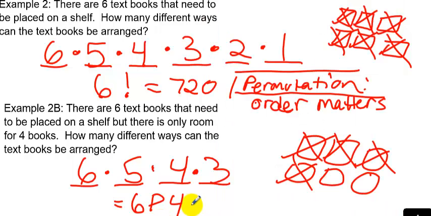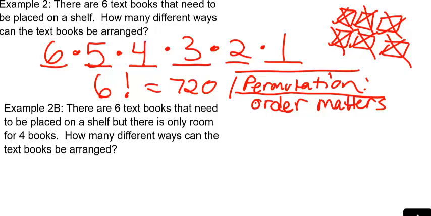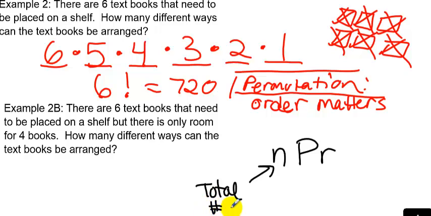So there's 360 ways that 4 books can be placed in an order on a shelf. So for permutations, it looks like this. The n is the total number of items. The r is the number that we're choosing.